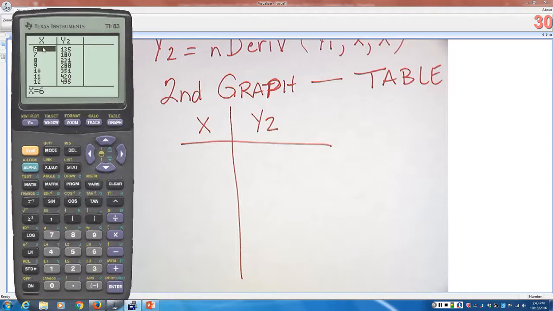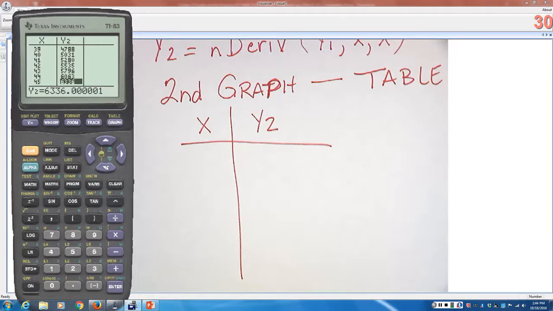What we want to look at is, we're not really looking at the x values. We don't really care about the x values. We're looking to see where the derivative is headed. And we see that as x goes from 6 on up, the derivative looks to me like it's positive and increasing. Do you agree with me? As I scroll down and let x get bigger and bigger, the y values are also increasingly positive. And I don't see that changing as I scroll further.